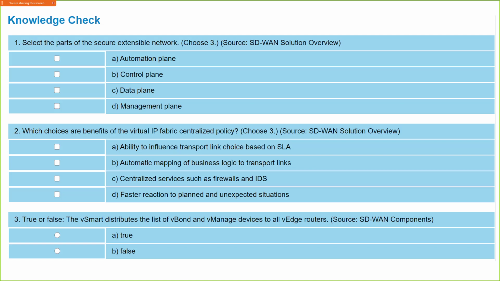All right. Which choices are benefits of the virtual IP fabric centralized policy? Choose 3. The ability to influence transport link choice based on SLAs. That sounds about right. Automatic mapping of business logic to transport links. That sounds about right. Centralized services such as firewall and IDS, or faster reaction to planned and unexpected situations.